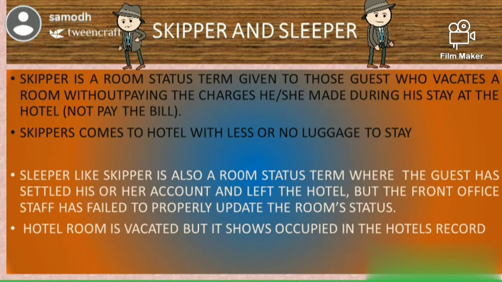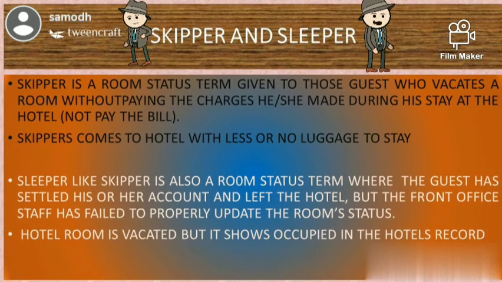It is the duty of the bell captain and bell boy to see that all the guests checking into the hotel have appropriate luggage. Skippers are commonly seen in all sectors of accommodation.